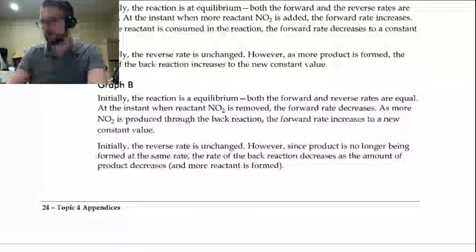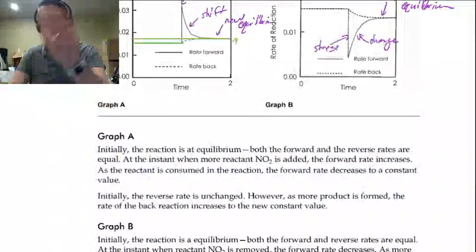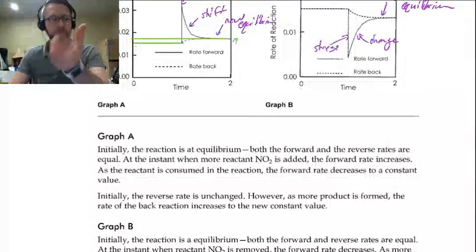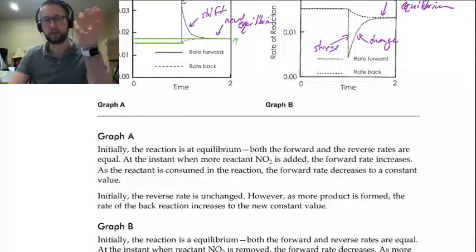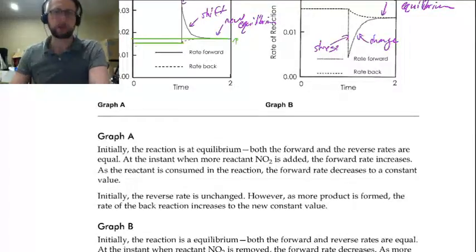However, as more product is formed, the rate of the back reaction also increases. So overall, if you have a vessel with a lot of reactant in it, then the rate of the forward and reverse reaction at equilibrium are higher than in a vessel with less reactant in it.